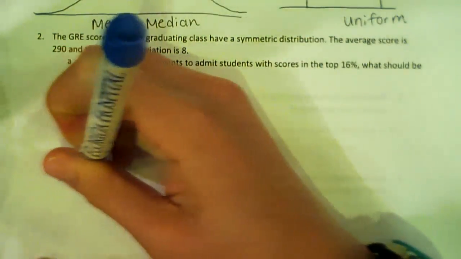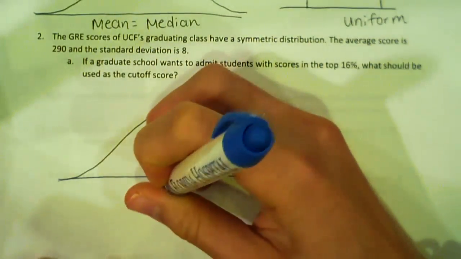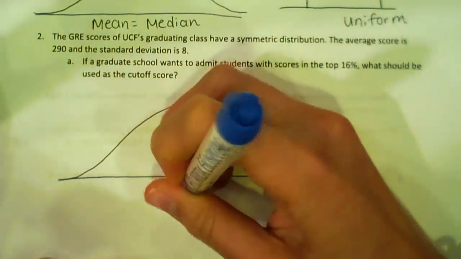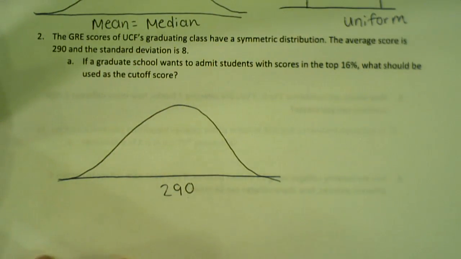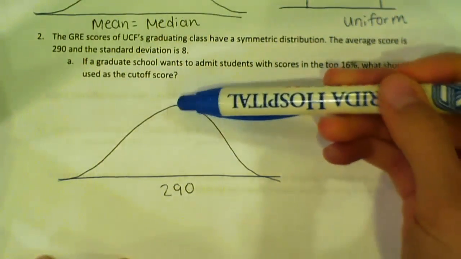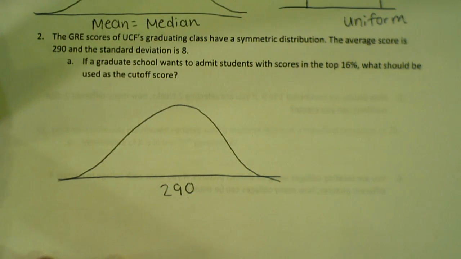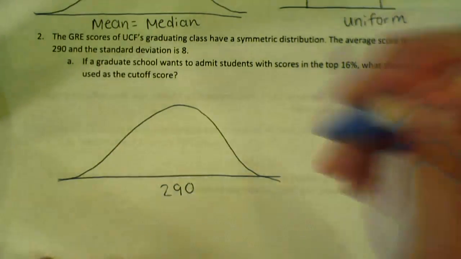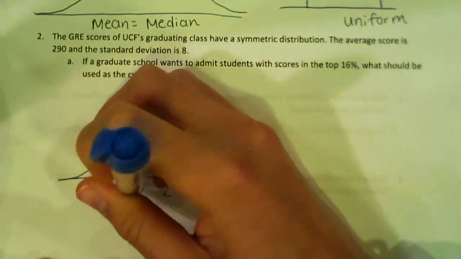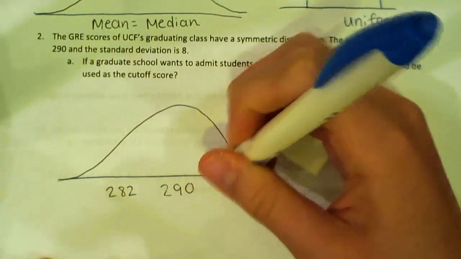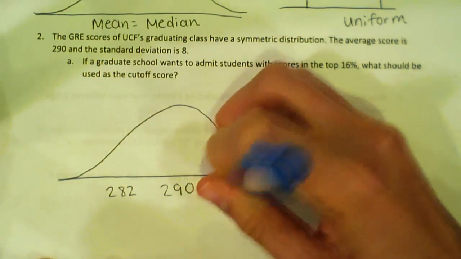What do we have here? 290 would be in the center, because we know the mean and the median are equal. So it's right in that middle. And this would be one standard deviation away. This would be one standard deviation away.